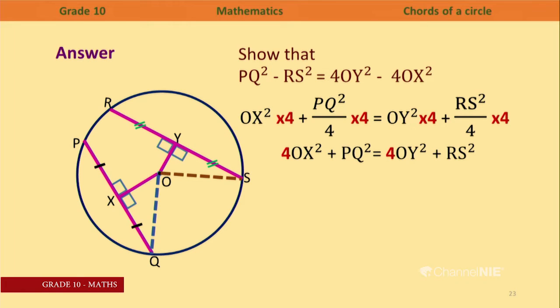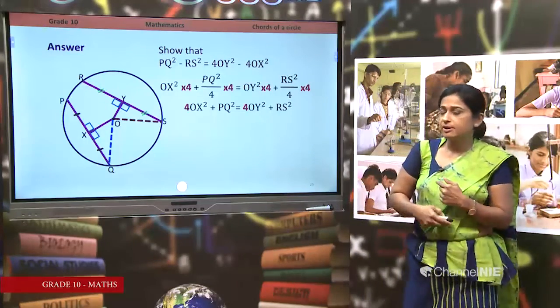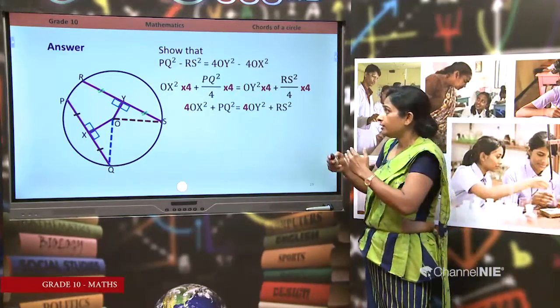Look at the given thing that we have to show. Still we didn't get that, but you can see the terms are the same. We can see OX squared and PQ squared, and in the relationship we obtained up to here, OY squared and RS squared. But we have to rearrange these terms to get the correct one.